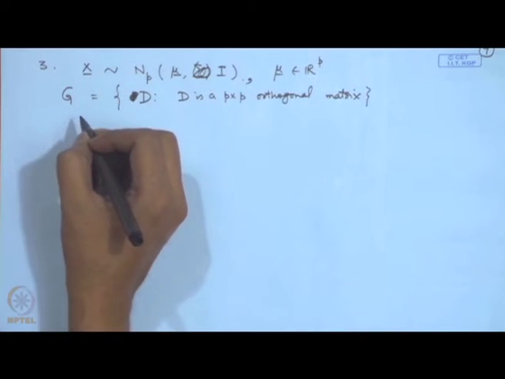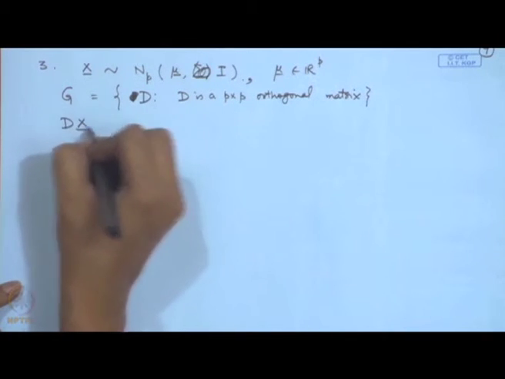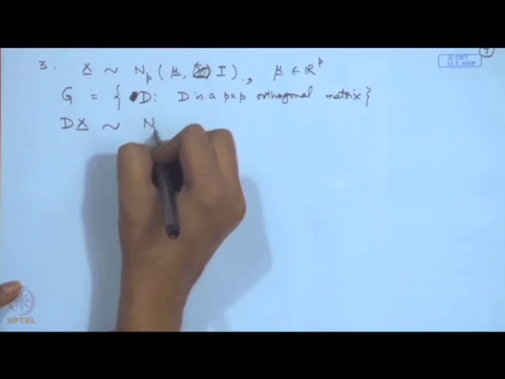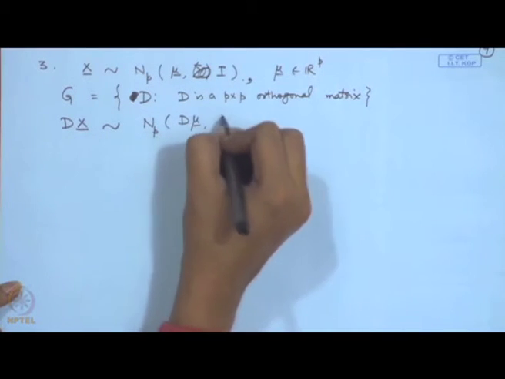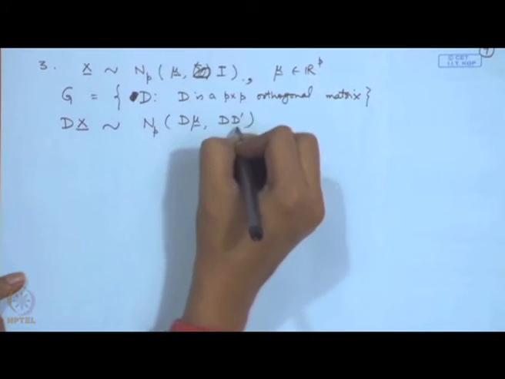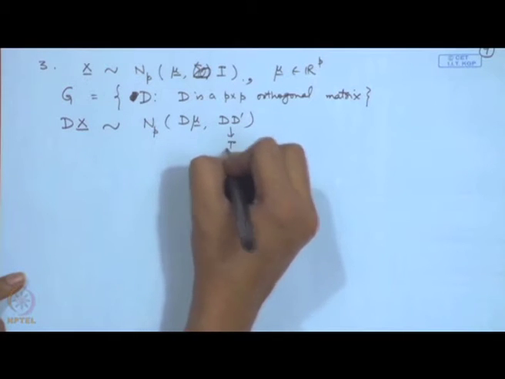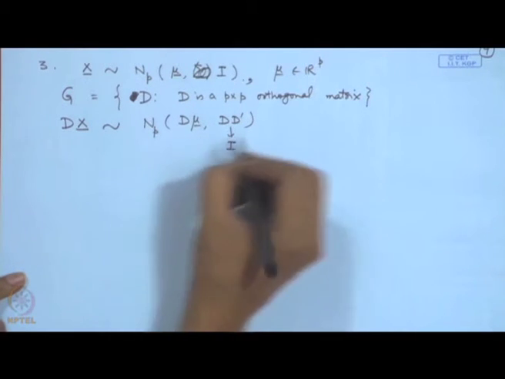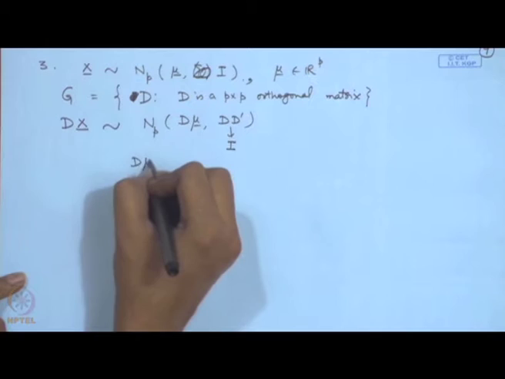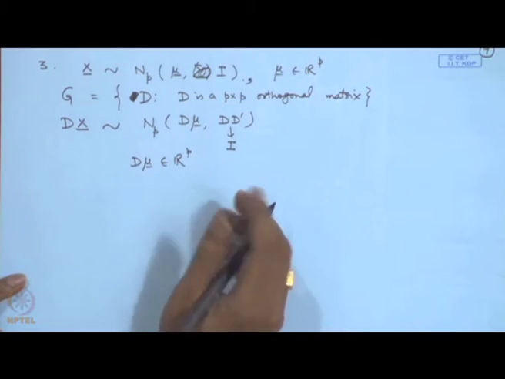So, if you consider the distribution of D X, then that will be N_p(D mu, D D transpose), but if it is an orthogonal matrix, then D D transpose will be equal to I. So, this becomes I here. So, D mu is again a vector in the p-dimensional Euclidean space.